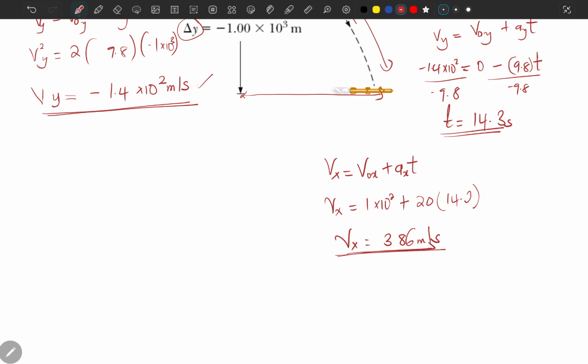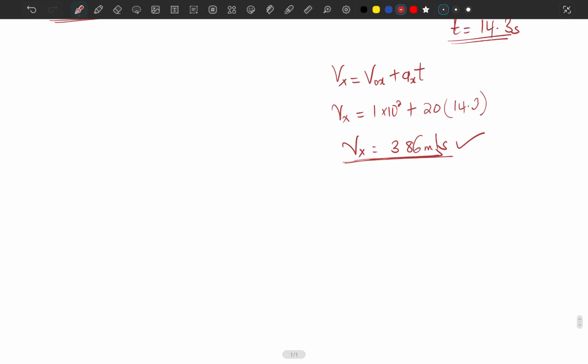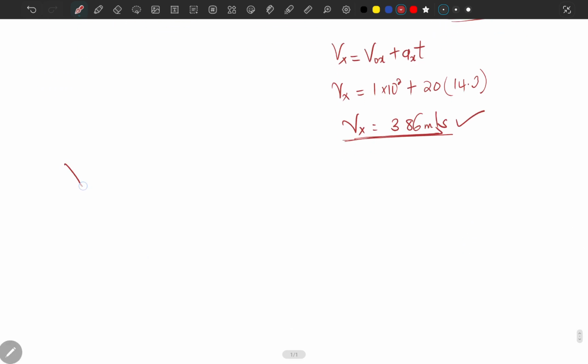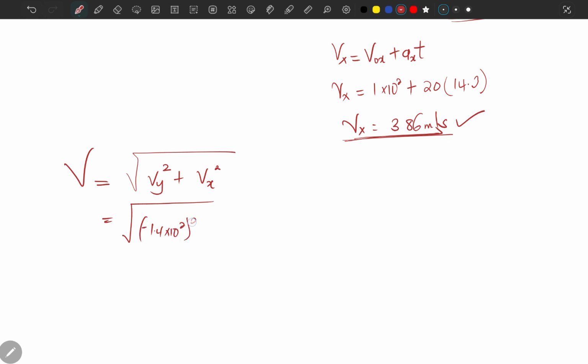Now that we have the velocity in the y and the velocity in the x, let's find the magnitude and the direction of that particular velocity. The magnitude of velocity will be equal to the square root of velocity in the y squared plus velocity in the x squared, of which we'll be putting negative 1.4 times 10 to the power 2, again squared, plus 386 squared.